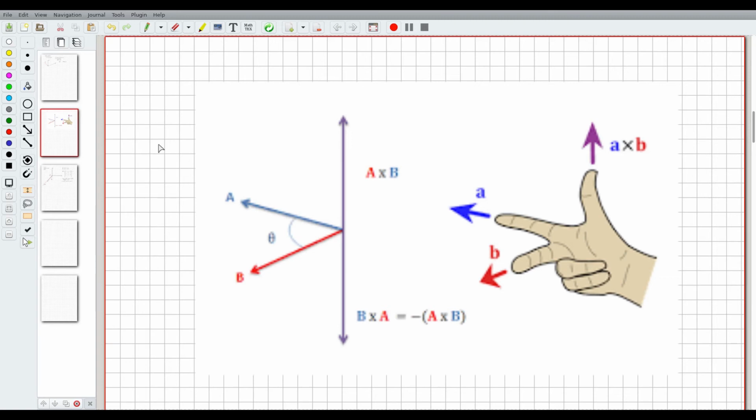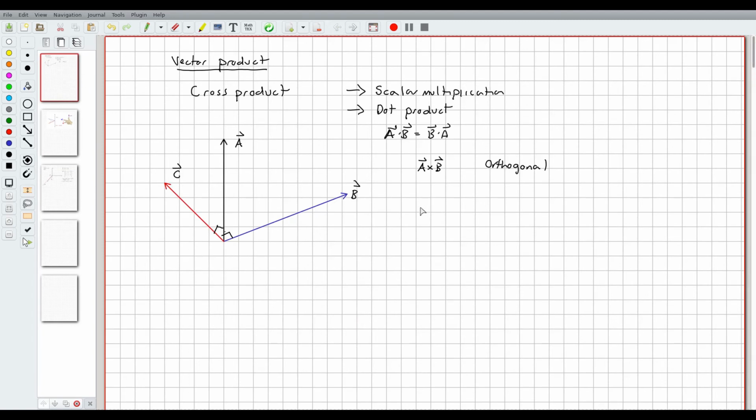Now, unlike the dot product and the scalar product, the cross product is a little bit more complicated. As I pointed out earlier, A dot B is the same thing as B dot A. If you take a scalar and multiply it by vector A, that's the same thing as the vector times that number.